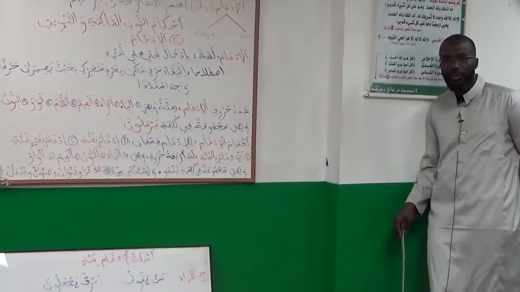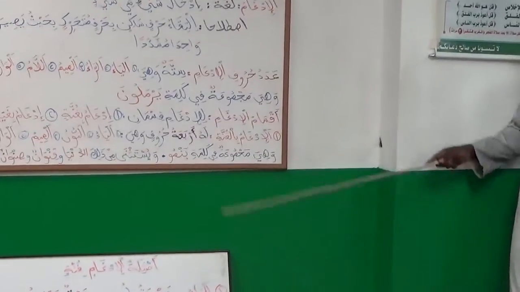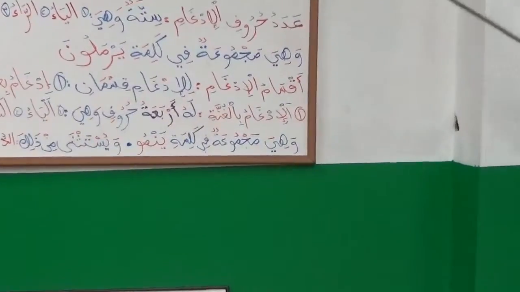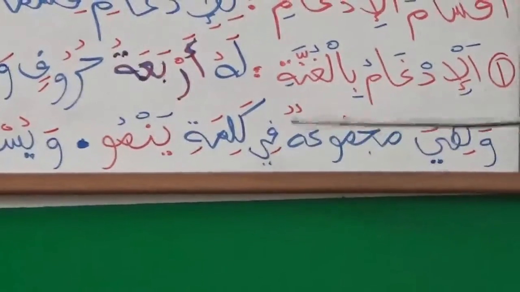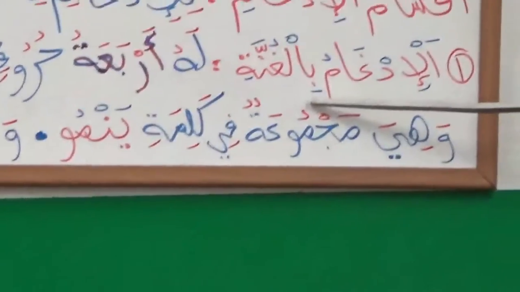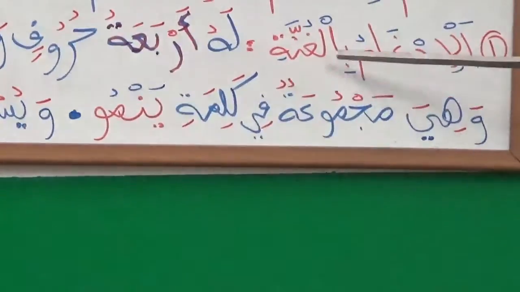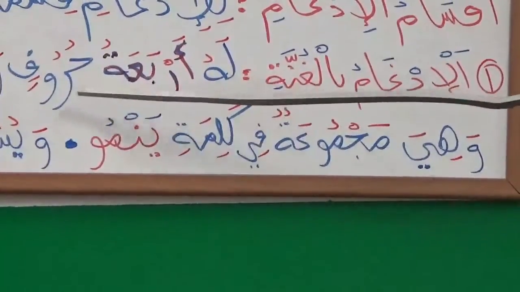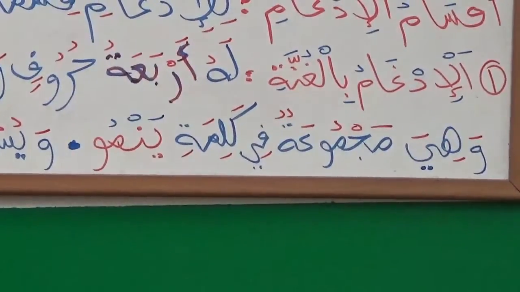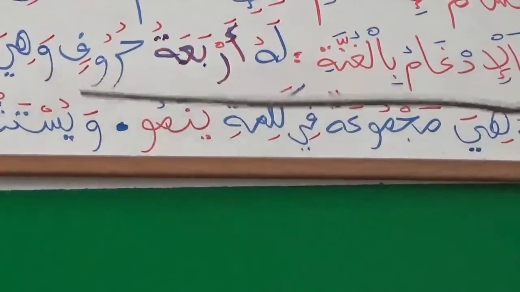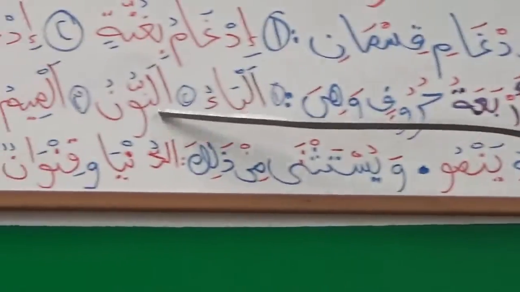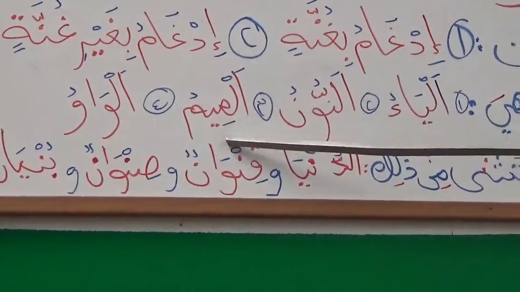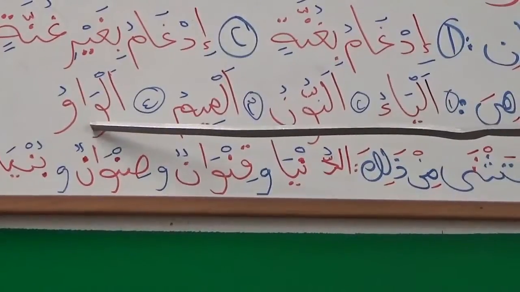He says, now when we have al-idgham bil-ghunna, what are the letters? Of these 6 letters, how many belong to al-idgham bil-ghunna and what are they? He says lahu, meaning al-idgham bil-ghunna, arba'atu hurufi. It has 4 letters, and these 4 letters are al-ya, al-noon, al-mim, al-waw.